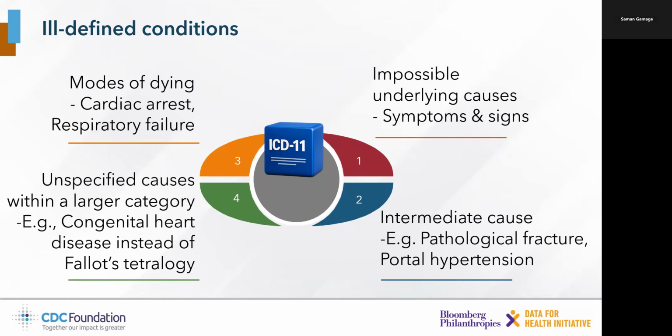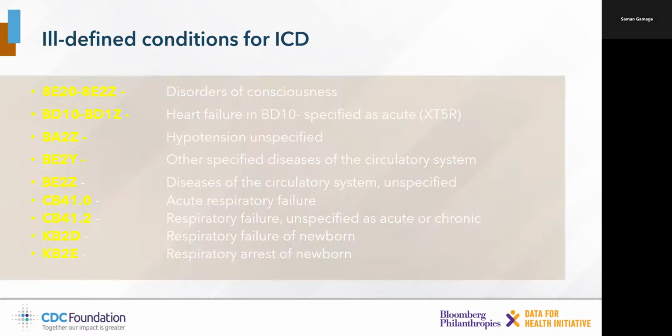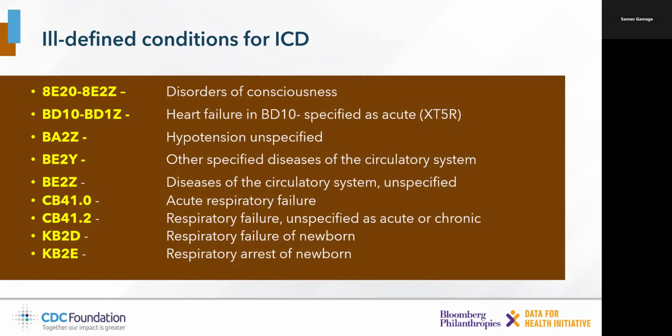You report congenital heart disease instead of tetralogy of Fallot without specifying the specific congenital heart disease. Or intermediate causes such as pathological fracture or portal hypertension can be less specific. However, for the purposes of ICD, there are ill-defined conditions that you should avoid, and these are the codes and titles.